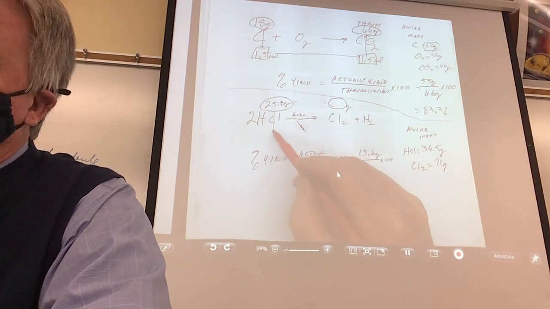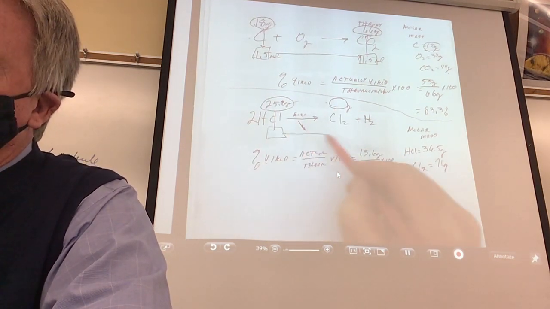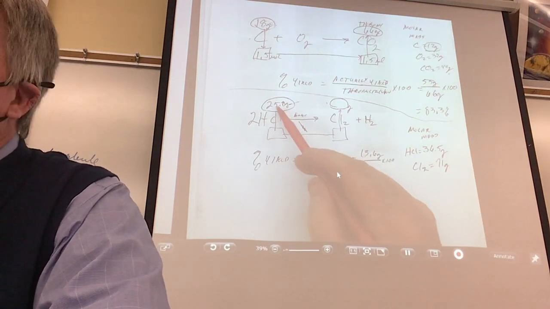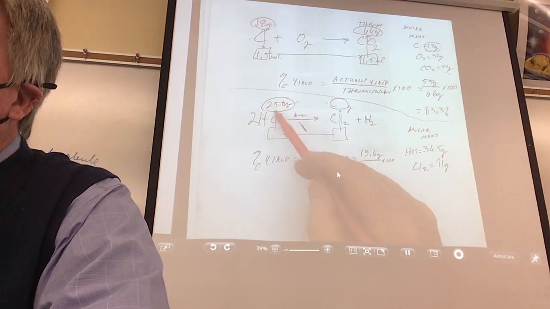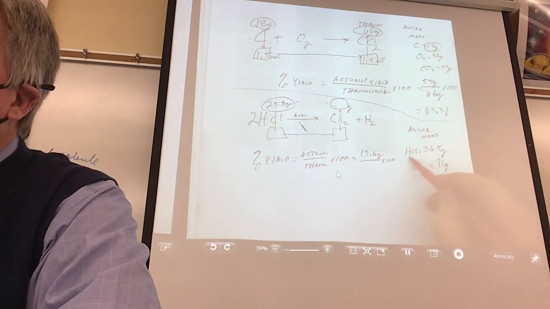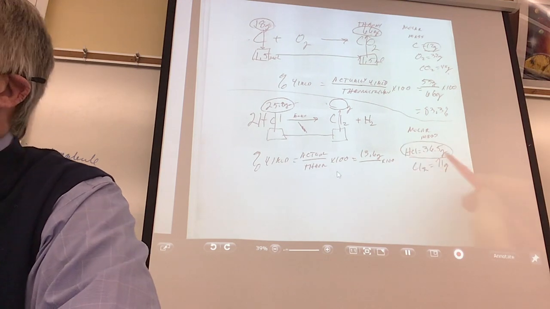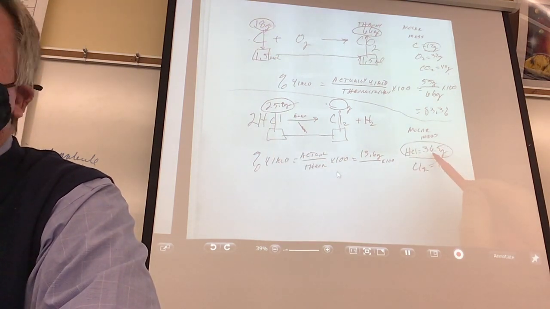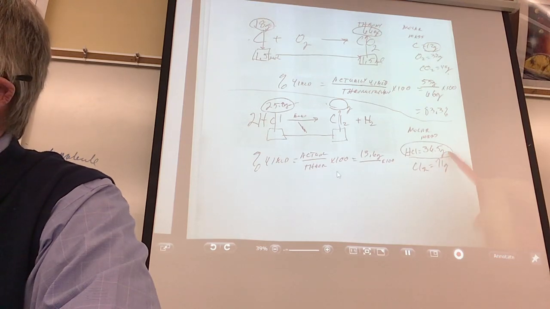So I go down, and then across. You have 25.8 grams, and when you go down into the mole world, you divide by the molar mass. What's the molar mass of HCl? What's 25.8 divided by the molar mass of HCl? What do you get, Madeline?